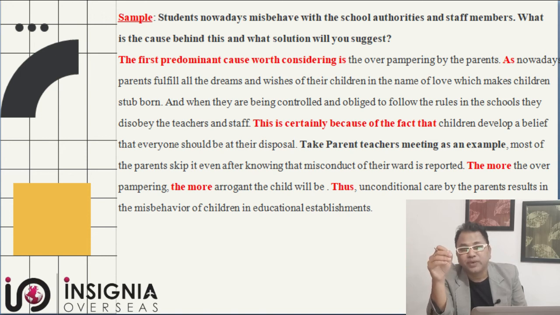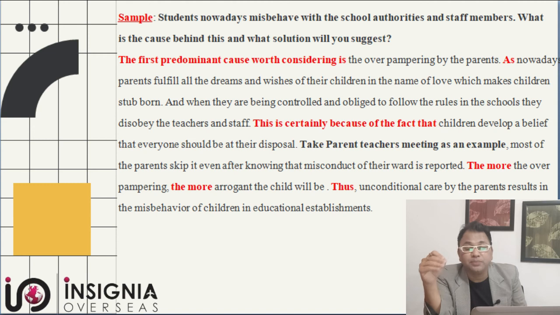I have not finished my BP immediately after the example, so let's extend it a little further so that the example becomes a supporting part, not the ending part. Let's use the structure of the more, the more. The more the over pampering, the more arrogant the child will be. This is after the example. I am still not finishing my BP.